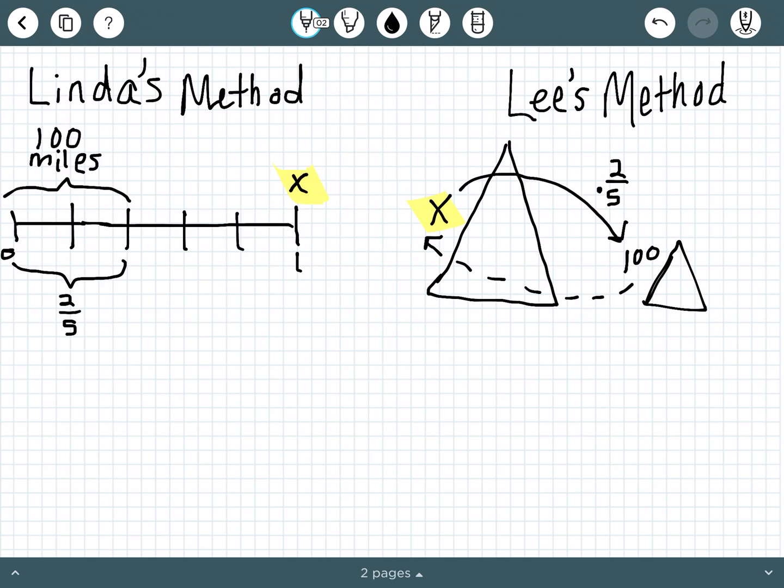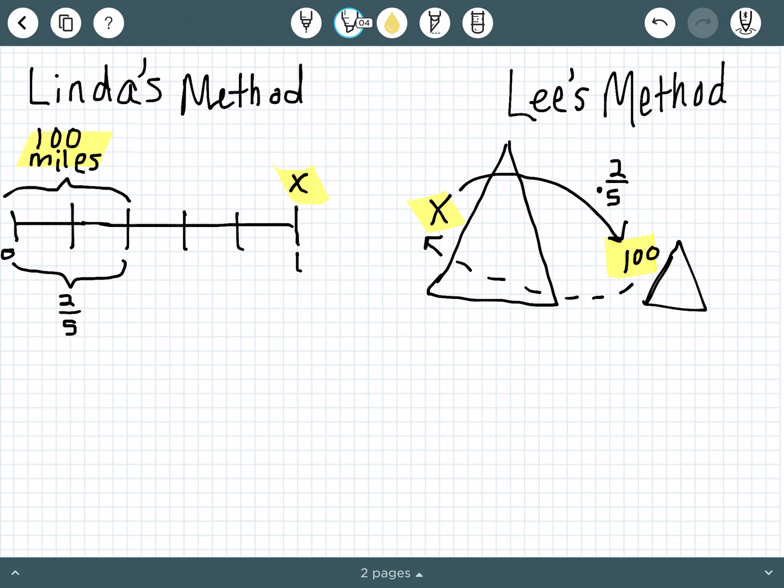And that would be the total distance that they need to go. So remember, that is what we are trying to figure out, because Linda turned to Lee and she asked, "How long is this trip?" And if you notice in their problems, there is a 100 here and a 100 here. So that represents the total amount that they have traveled so far.